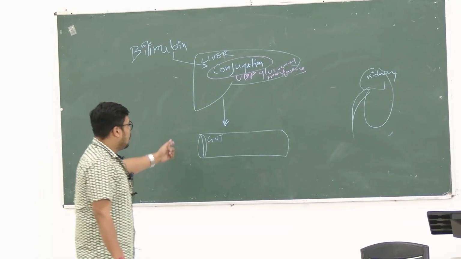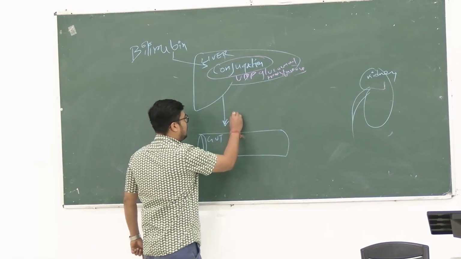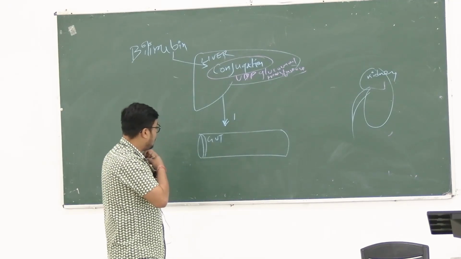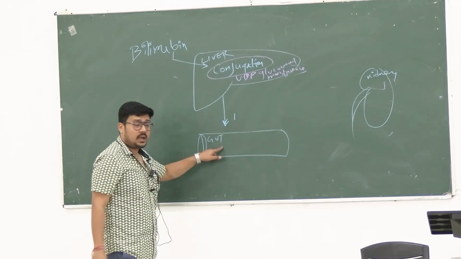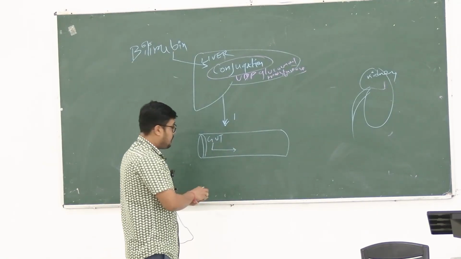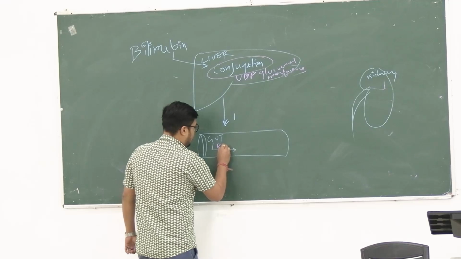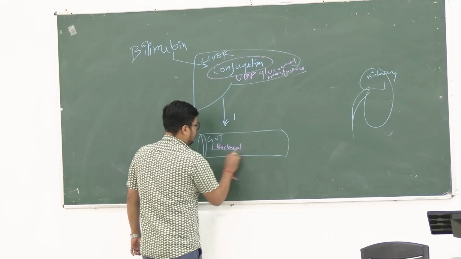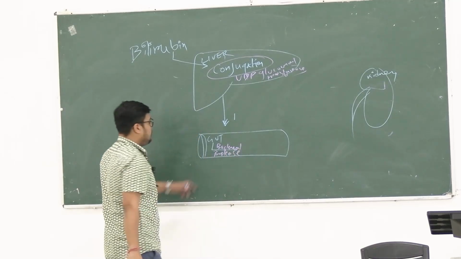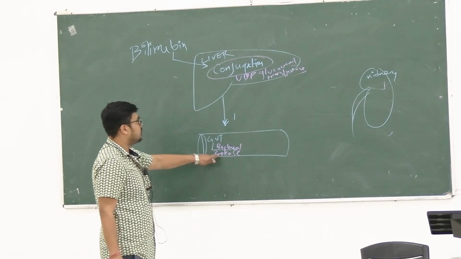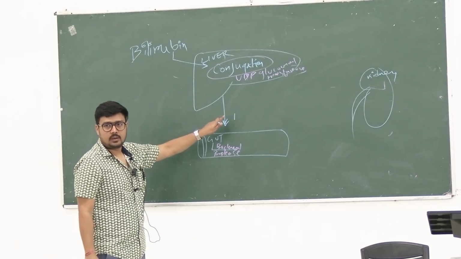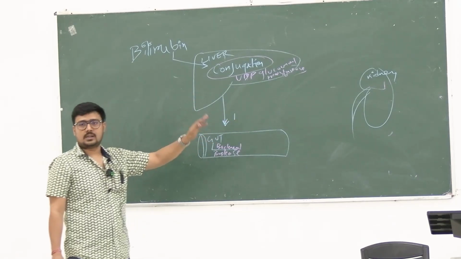Okay, so this conjugated bilirubin or direct bilirubin will enter the gut and be acted on by bacterial enzymes. So this bacterial enzyme splits the conjugated bilirubin in two parts.